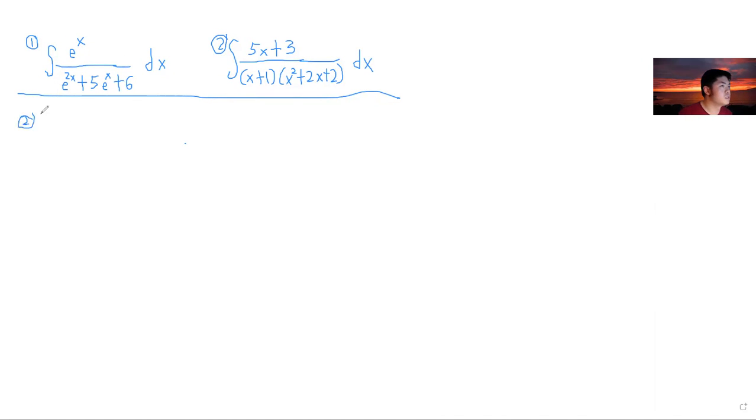So for part 2, we have this. I'm just going to, first of all, consider the integrand. There's no substitution this time for this question, but there's something else to consider here. So 5x plus 3 over x plus 1, x squared plus 2x plus 2.